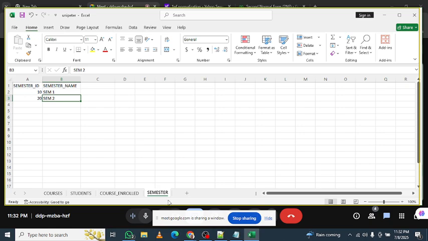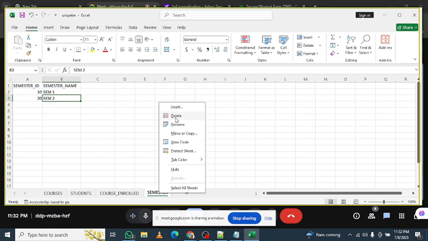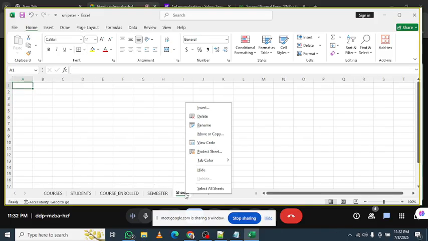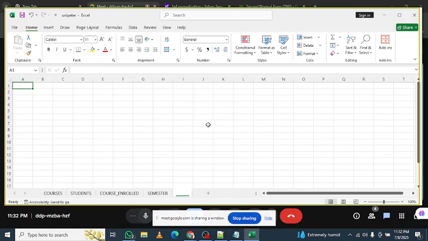Semester one, semester two. Now we have year, another separate table. Okay, I can click this plus sign. Year, academic year. I can say ACAD, academic year.